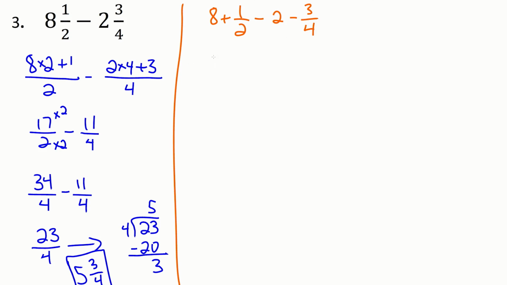So our whole numbers, 8 minus 2 is 6, then plus 1/2 minus 3 over 4. Their common denominator here again is going to be 4, so 6 carries down, 2 over 4 minus 3 over 4. So this is where this method gets a little bit trickier now because you'll see we get a 2 minus a 3, so it's 6 minus 1 over 4 here.